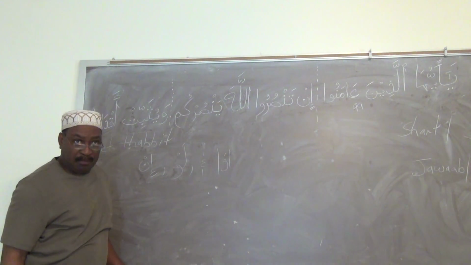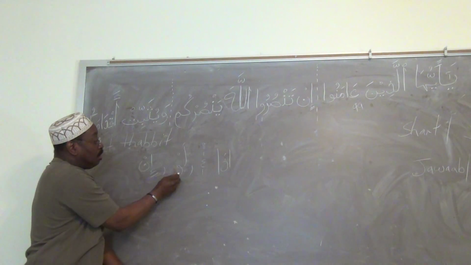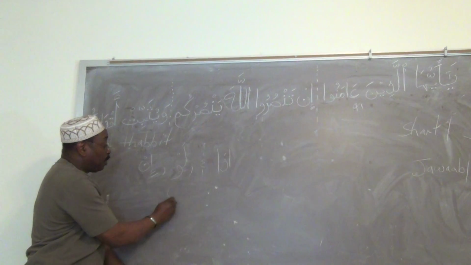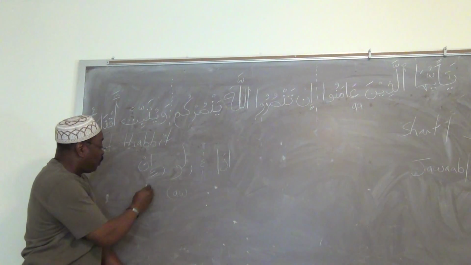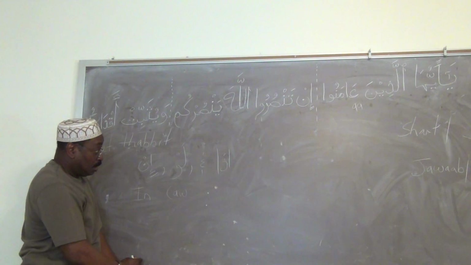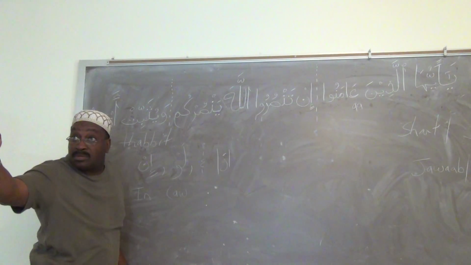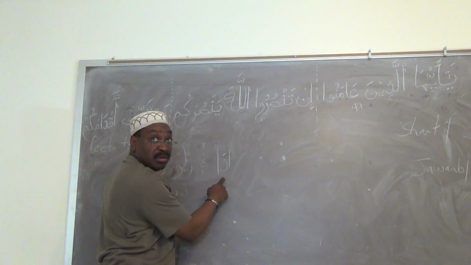L-A, yeah, because you see it up here. L-A-W. So you have what? Here we would have what? And here we have Iza. See? So you have Iza here.